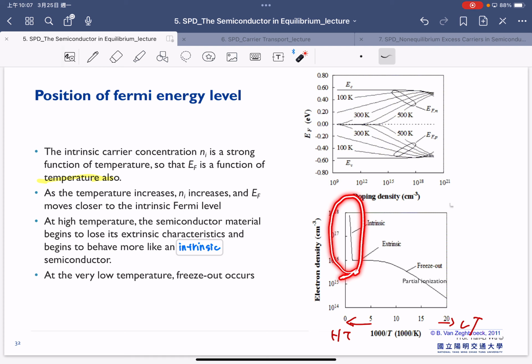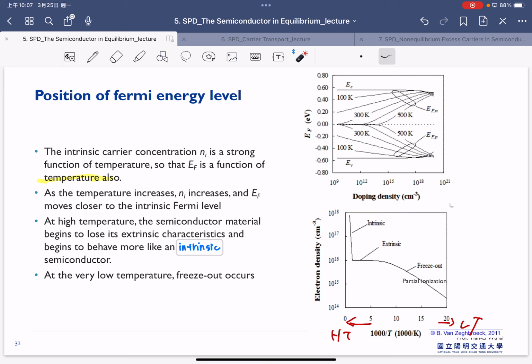This is something that we don't want, because the great thing about semiconductor material is that we can dope extrinsic material to modulate the concentration and the electrical characteristics. But if we put our semiconductor in a high temperature, everything becomes similar to intrinsic, and we lose the ability to change the material properties or electrical characteristics.